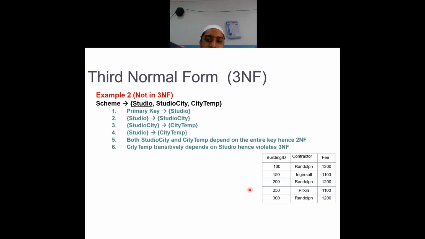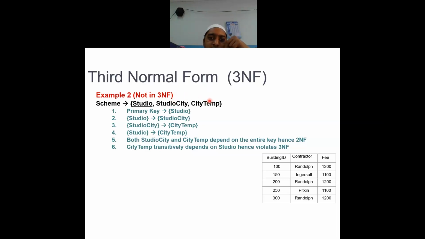Let us see. This table is for the third example. Let us say there is one more schema given over here as studio, studio city and city temperature. Now, if we have a look, city temperature depends on the city the studio is in, that is studio city.